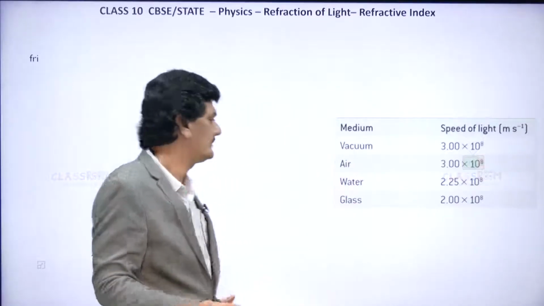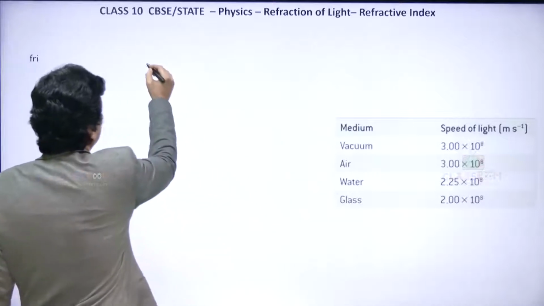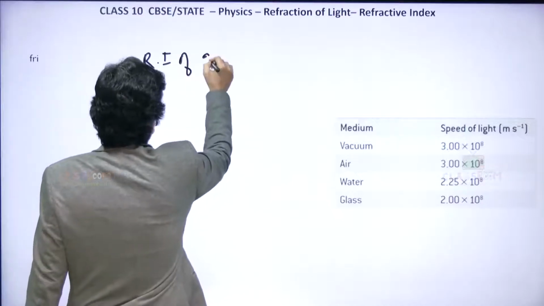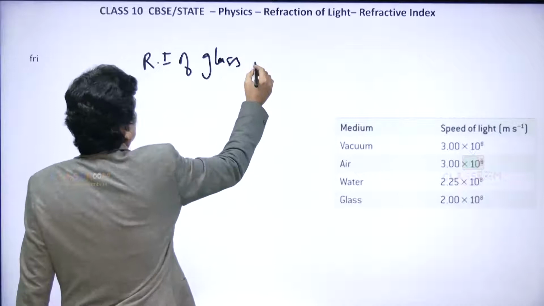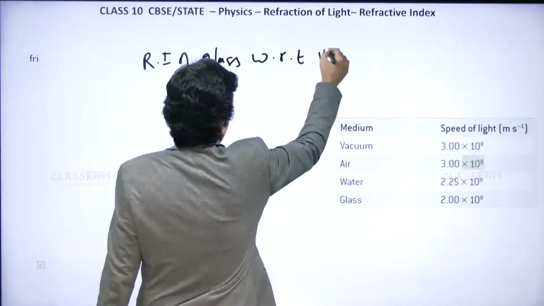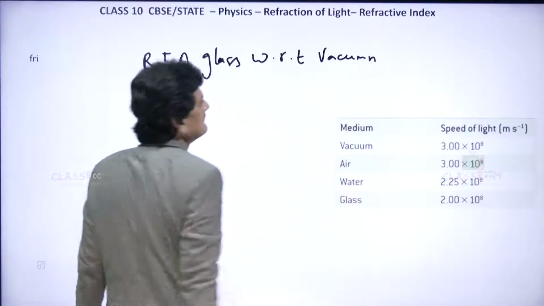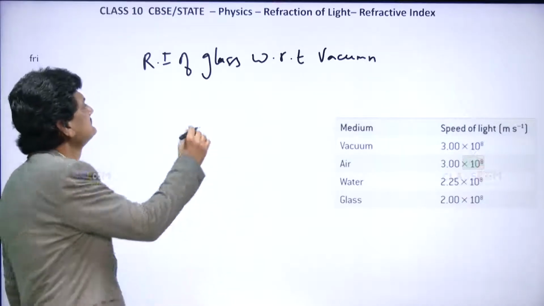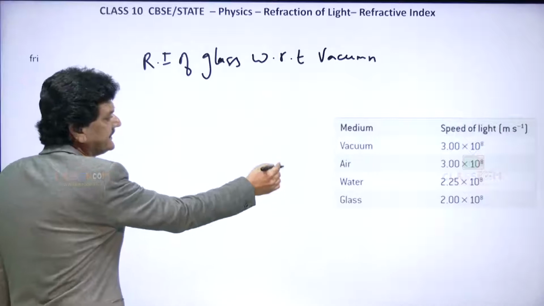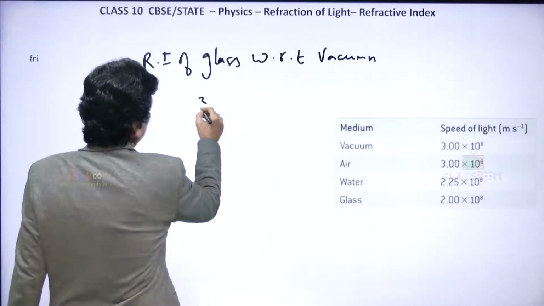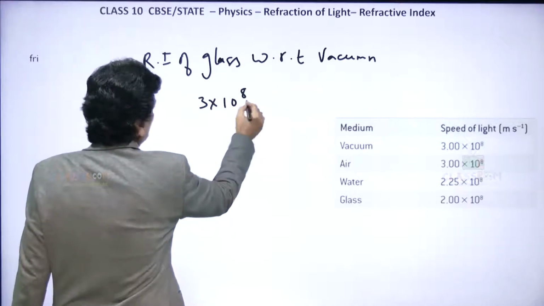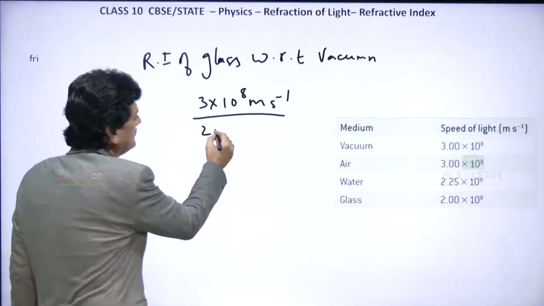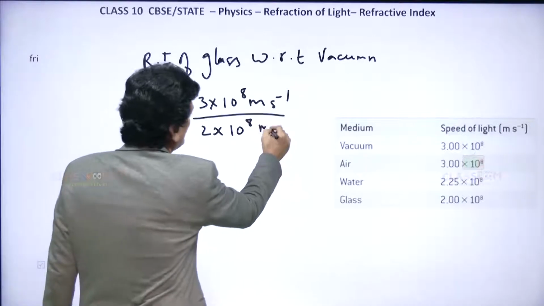So, if you want to find out the refractive index of glass with respect to vacuum, here we will just take the ratio of the two velocities. 3 into 10 to the power of 8 meter per second is the velocity of light in vacuum, and 2 into 10 to the power of 8 is the velocity of light in glass.